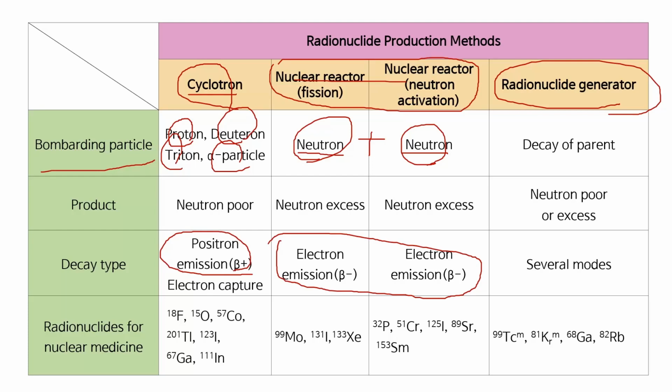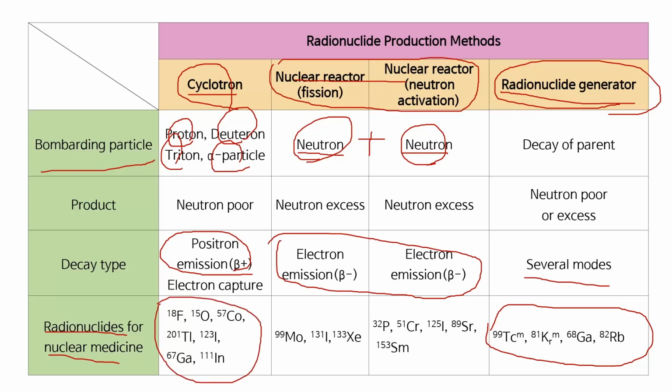And in a radionuclide generator, we can obtain some special kinds of radionuclides. And you can see here radionuclides for nuclear medicine using cyclotron and nuclear reactor.